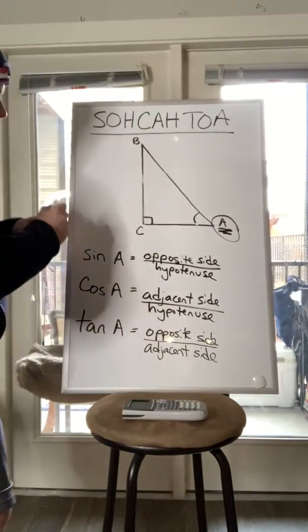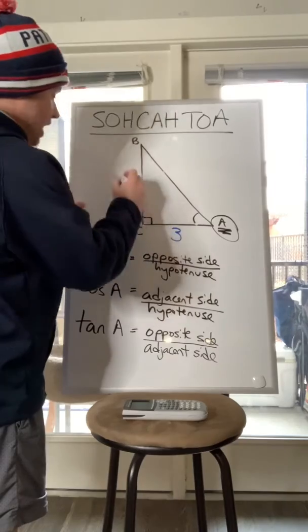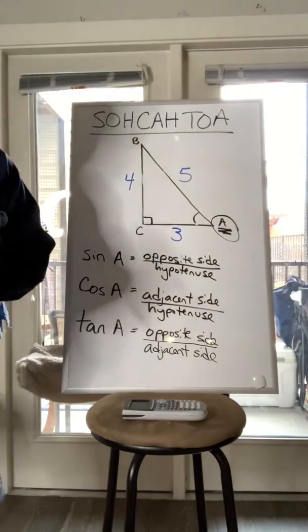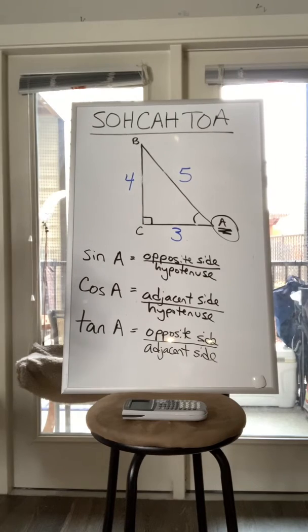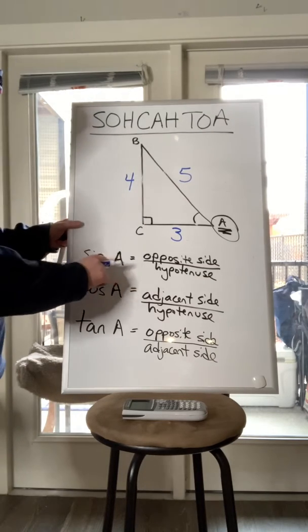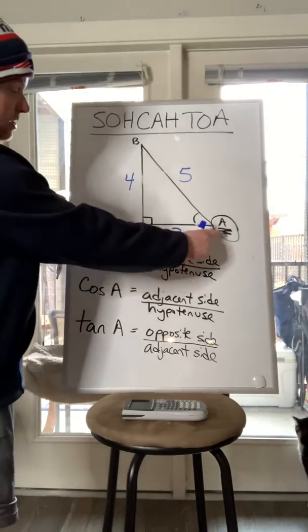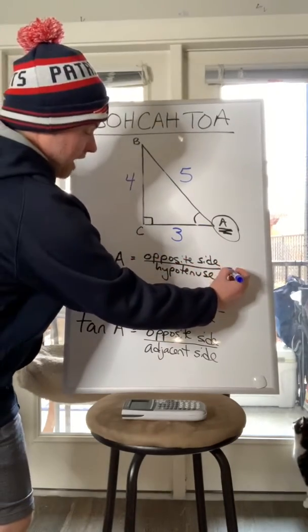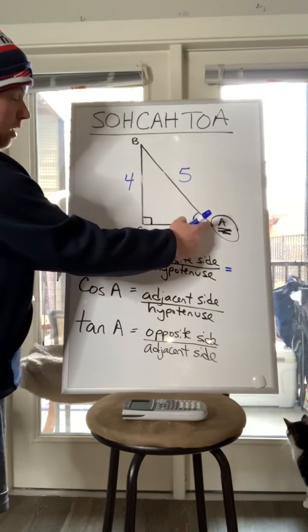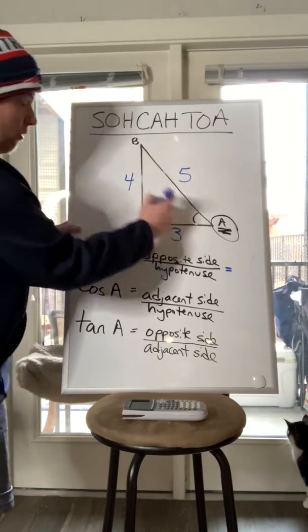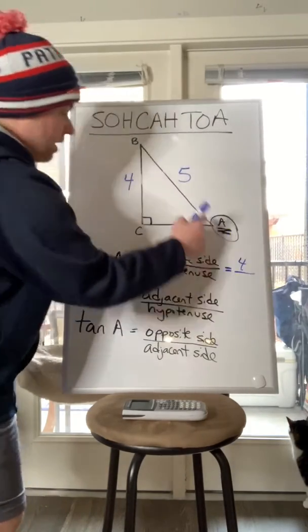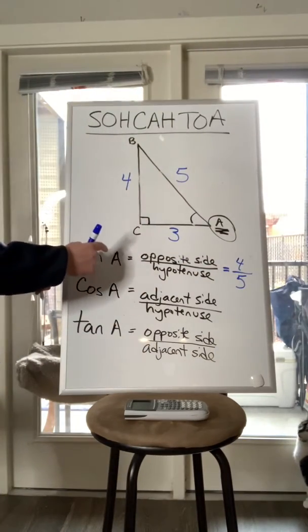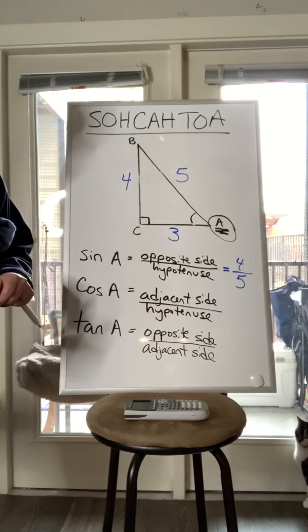So I'm going to go ahead and call this side 3, this side 4, and this side 5, because I know that forms a right triangle. Now, if I wanted to know what the sine of angle A is, the sine of angle A is your opposite over your hypotenuse. So the sine of angle A would be opposite 4 over your hypotenuse, which is 5. So the sine of angle A is 4/5.